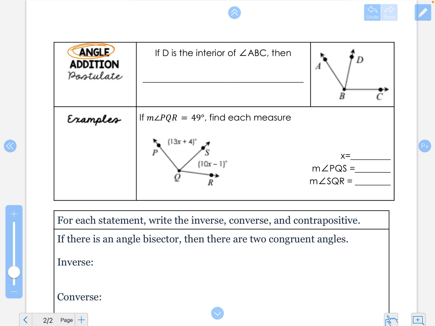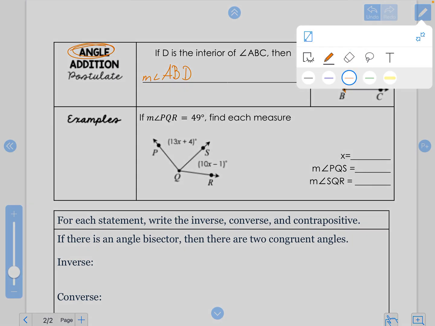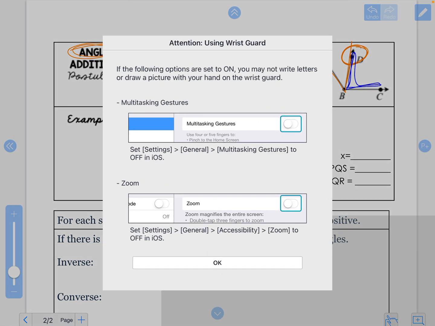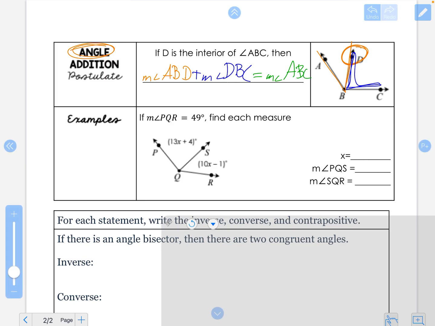If point D is in the interior, inside angle ABC, then the measure of angle ABD, let me draw that for you, plus the measure of angle DBC, I'm going to draw that in blue, equals the measure of angle ABC.